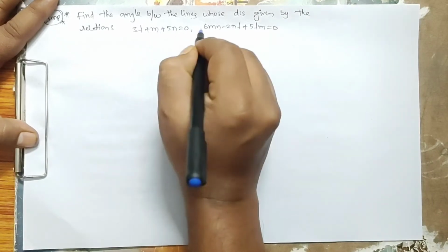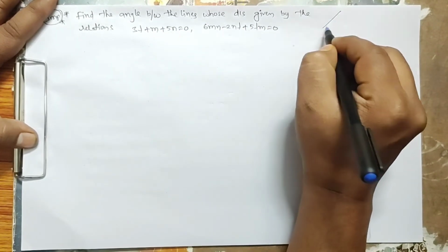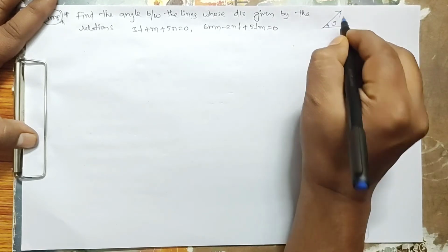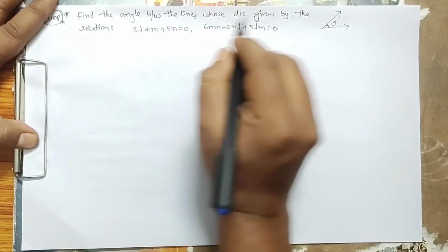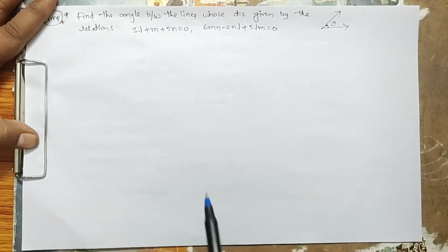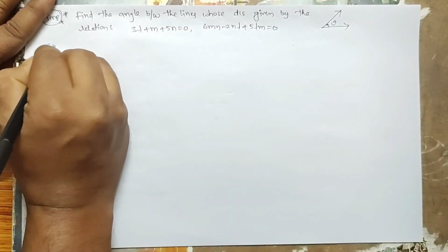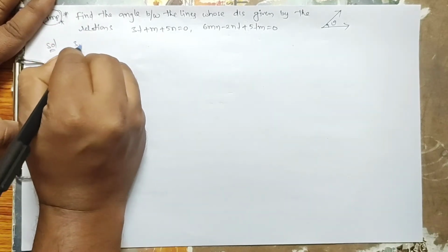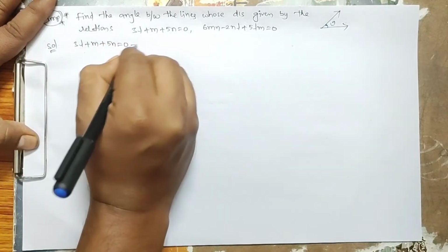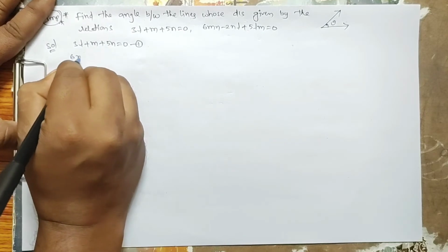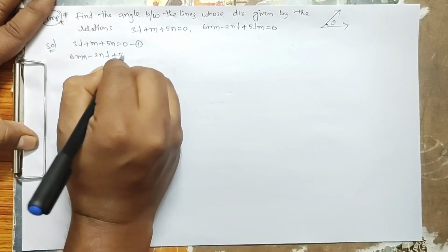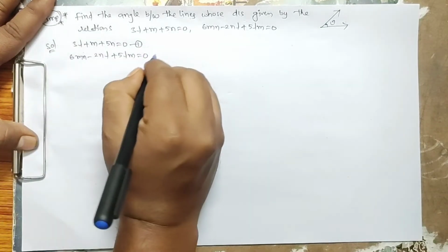The question is that these two equations give the DCs of two different lines. So to find the angle, what should we do? By solving these, we get the DCs or DRs of these two lines, and from that we have to find the angle. First of all, see, given that 3l plus m plus 5n is equal to 0, take it as equation 1. Same way 6mn minus 2nl plus 5lm is equal to 0, take it as equation 2.